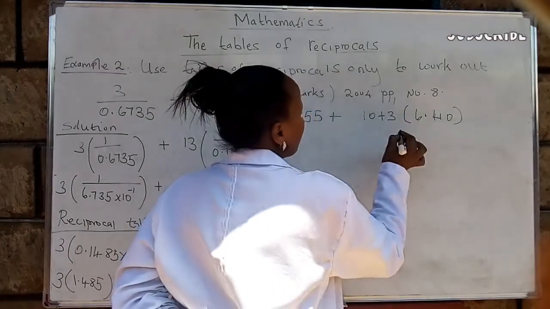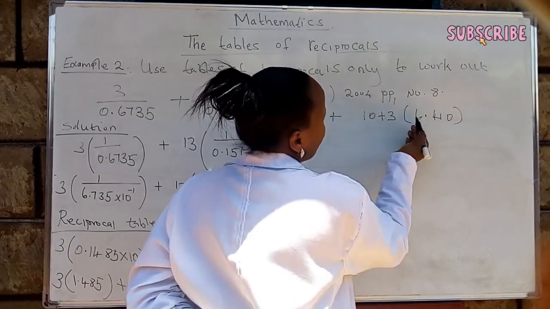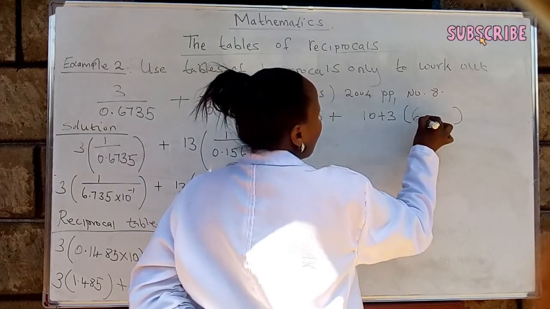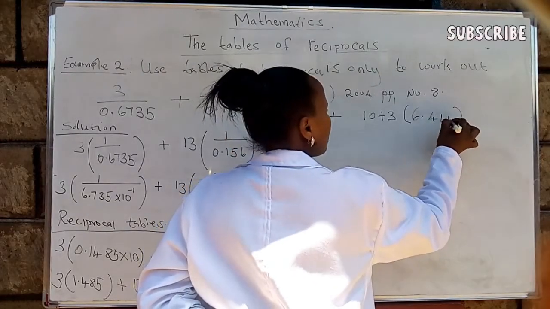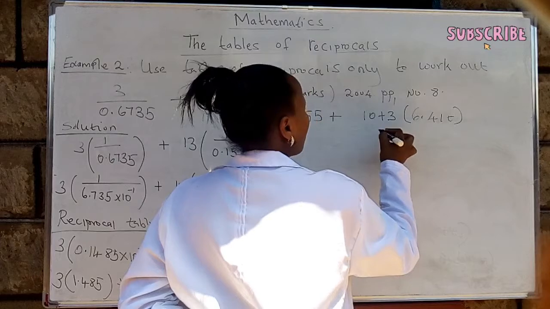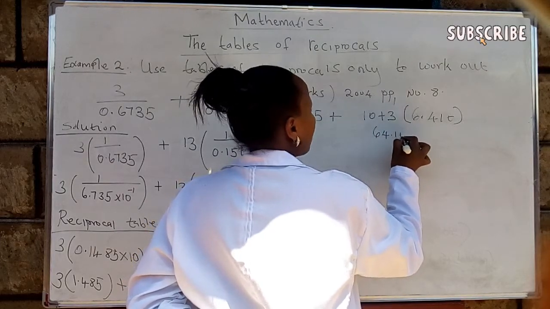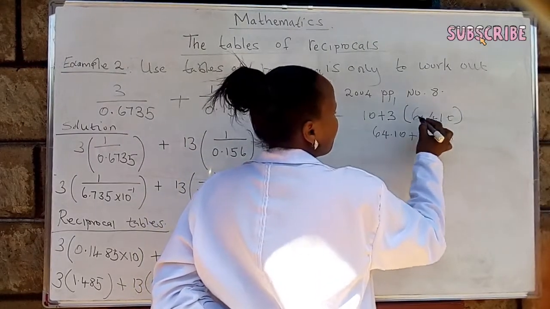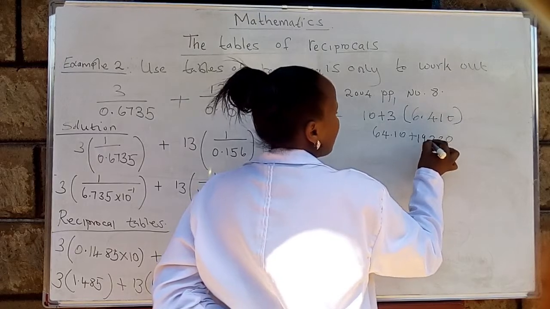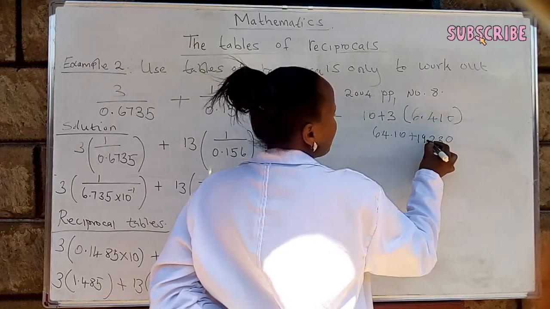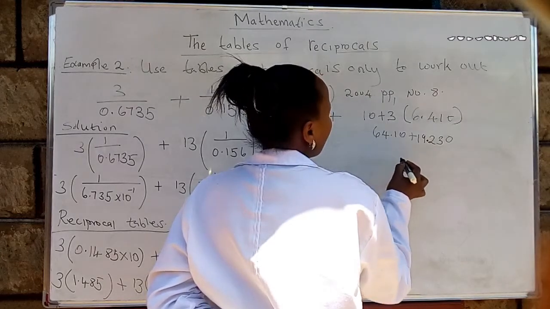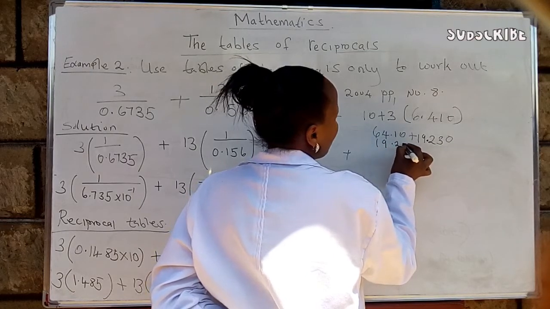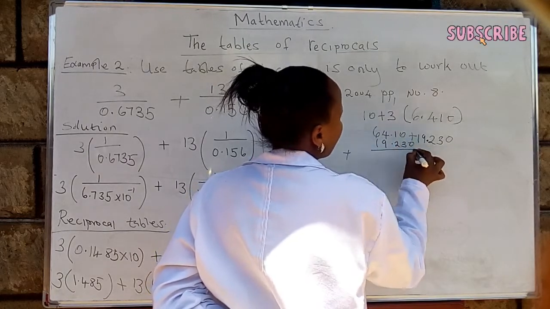So we shall have 10 times 6.410, which is 64.10, plus 3 times the same number: 3 times 0 is 0, 3 times 1 is 3, 3 times 4 is 12, carry 1, 18, 19. So there are 3 decimal places. When we add, we shall get 19.230.